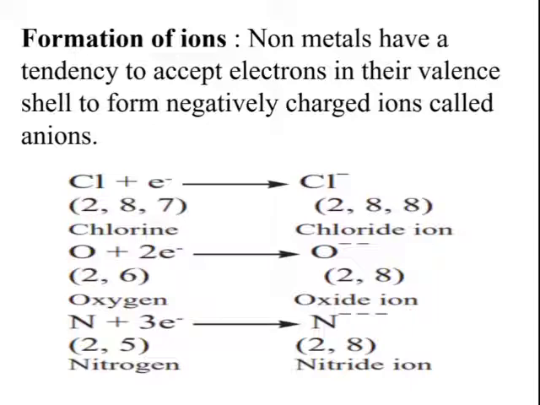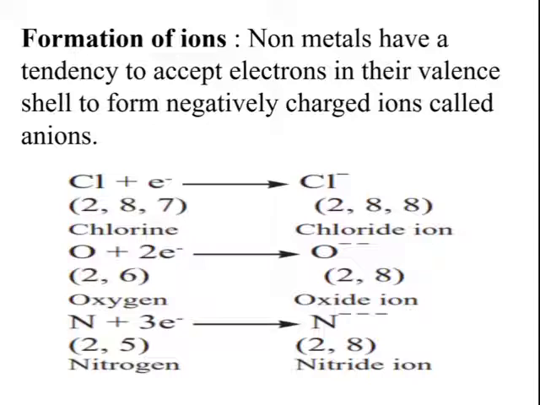So accepting means it carries the negative charge. So O plus 2 electrons gives out O2-, that is carries the 2 negative charge. And the outermost orbit will contain 2, 8, that is 8 electrons. So the outermost orbit will be completed and the ion is formed, that is oxide ion.